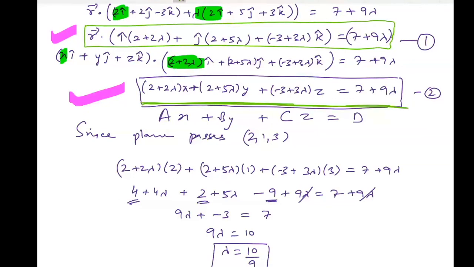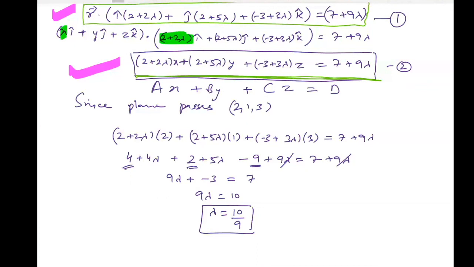And in the question, it is asked to find the vector equation. So in which do we put the value of lambda, 1 or 2? Yes, students, the first one, sir. The first one. So it is very clear that we have to put this lambda in the first, and you will get the answer.